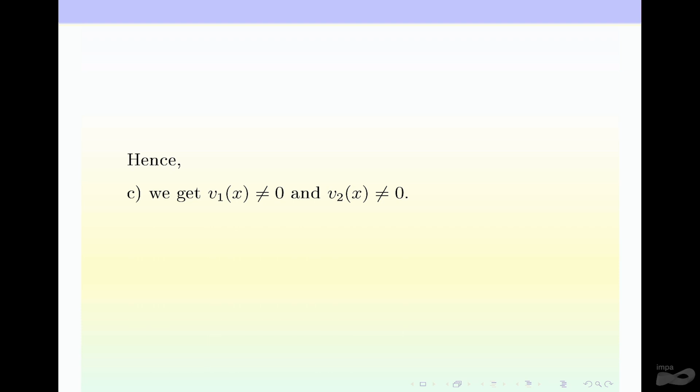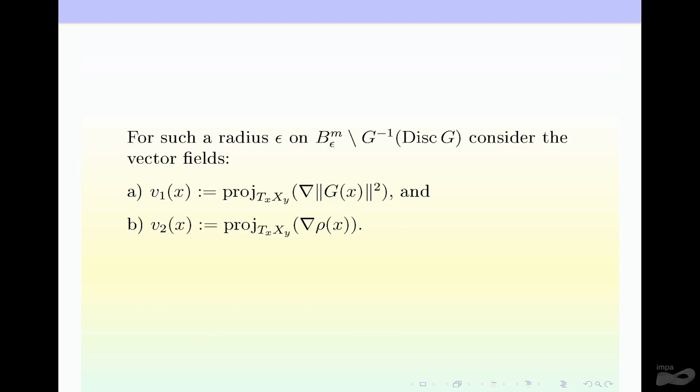Okay, it is easy to see because if at a point x this vector is zero, you are saying that this direction here should be included in omega x.